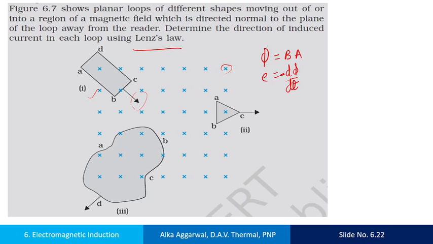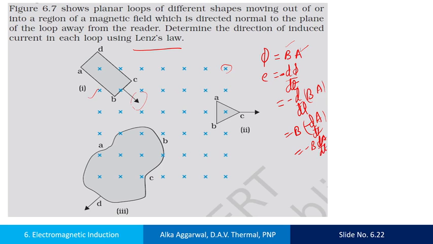As the magnitude of the magnetic field is constant, the field is uniform, there is no change in the field. What changes is the area. So it becomes minus d by dt of B into A, and the area of the loop changes, so it becomes minus B into dA by dt.